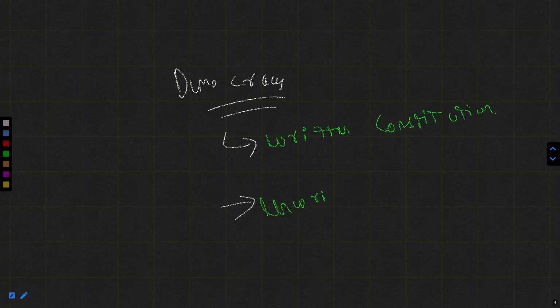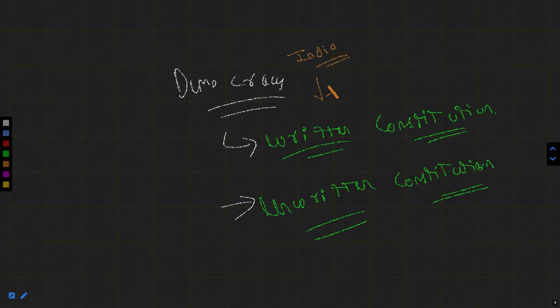Second is the unwritten constitution. So these are the two types of constitution: written and unwritten. In India, we have a written constitution. Generally, in the reference of unwritten constitution, we take the reference of the United Kingdom.